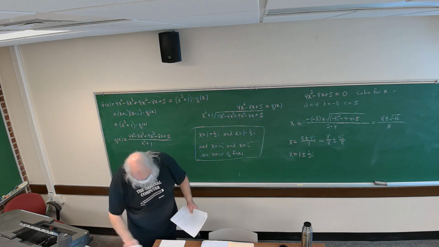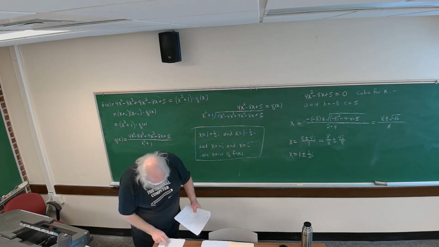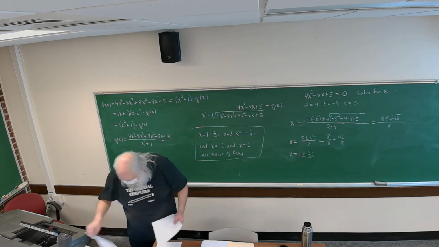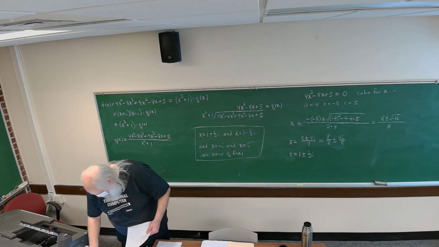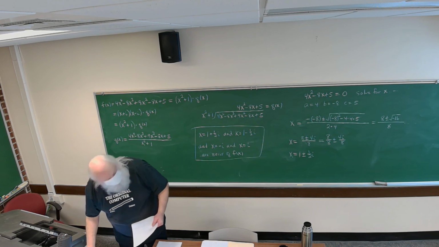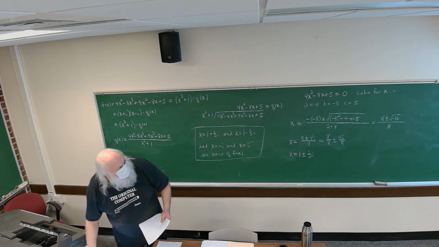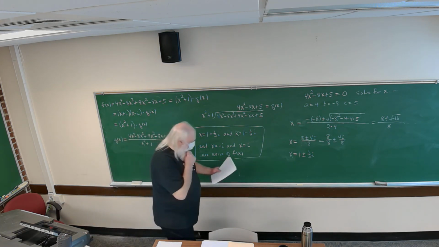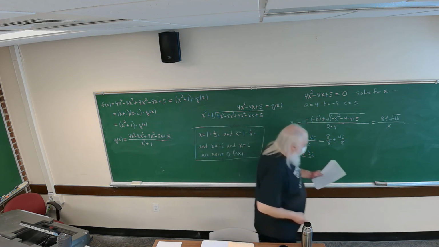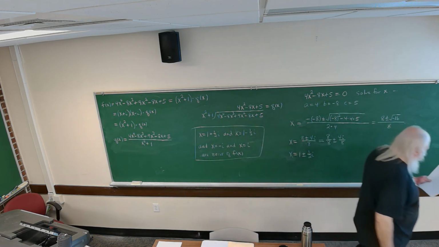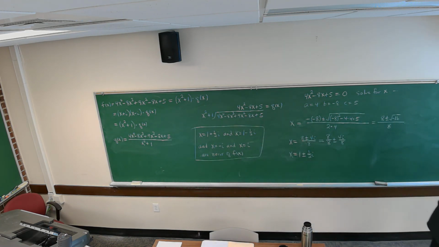All right, let's take a look at example 9. One solution to the equation x to the 4th minus 6x cubed plus 14x squared minus 22x plus 5 equals 0 is the complex number x equals 1 plus 2i.